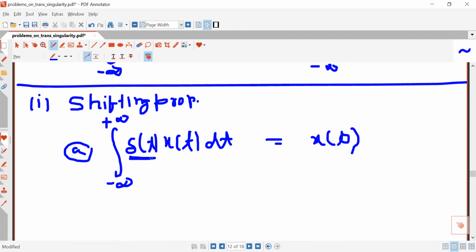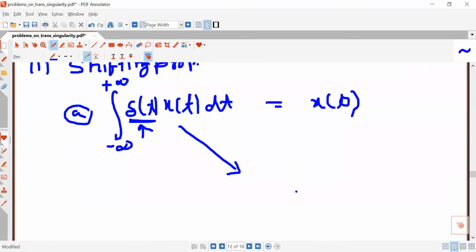When you put any value of t, 1, 2, 3, minus 1, 2, minus 3, you will get this product equal to 0, because delta t is 0 for any value of t except at t equal to 0. Only at t equal to 0 you cannot get the value of this product, because delta t is unknown at t equal to 0.